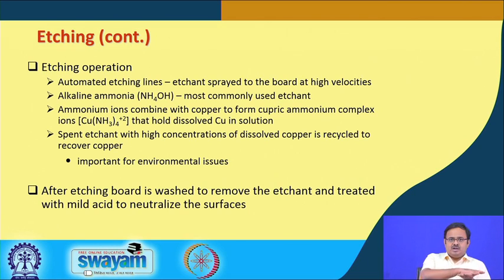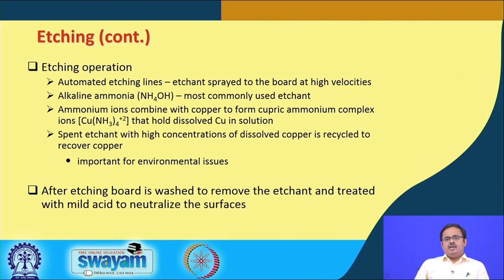We started with a complete sheet, and finally, what we retain are some of these traces; the majority of it is probably removed, correct. I cannot just waste it. So, both in terms of material conservation as well as from environmental issues, the copper in the spent etchant is recycled to recover the copper, which can be used again.